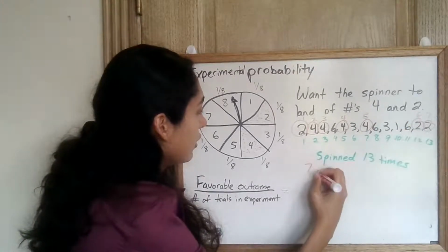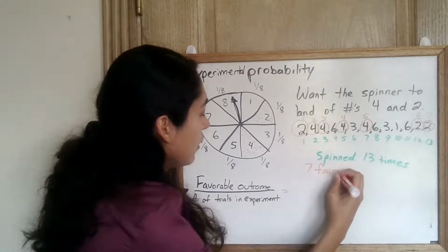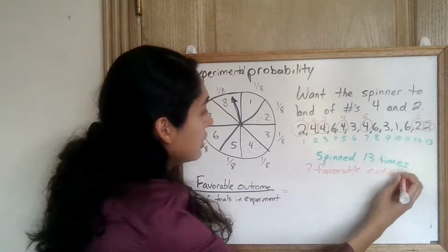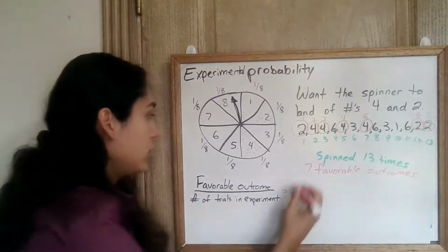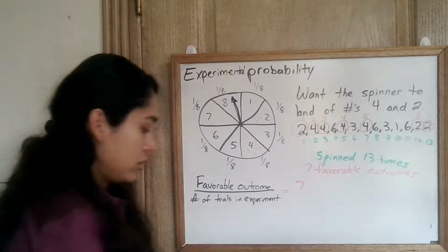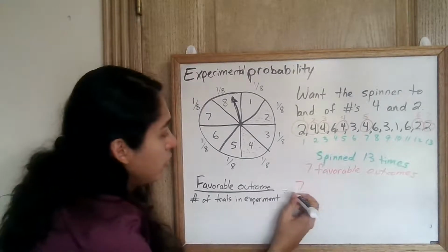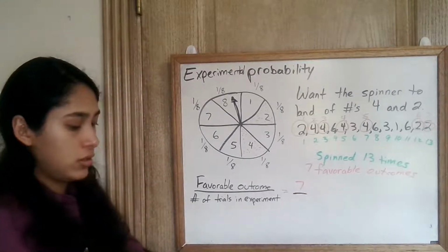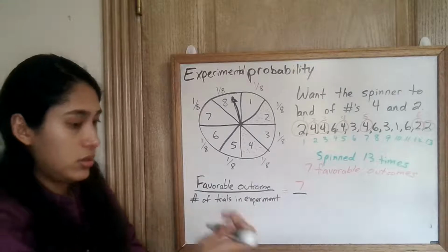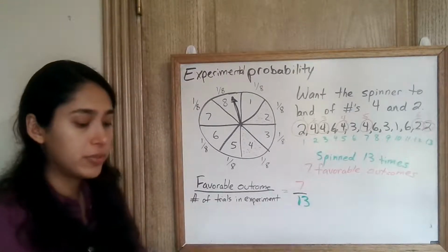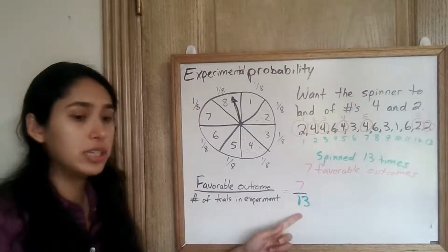So 7 favorable outcomes. So let's go ahead and plug this into our formula. So we have 7 over 13. And this cannot be simplified further because 13 is a prime number.